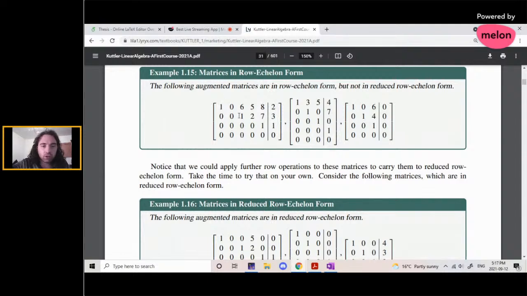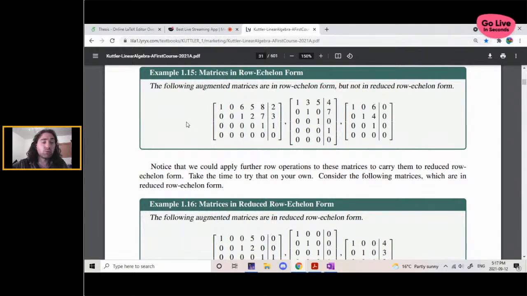Then we go down to the next row. It looks like that leading entry is to the right of the one above it. Good, that's what condition 2 says. Let's check the next leading entry. And good, that's also to the right of the one above it. Okay, condition 2 is satisfied. And all our leading entries, we've got 1, 2, 3 leading entries. They're all equal to 1. So boom, this is row echelon form.